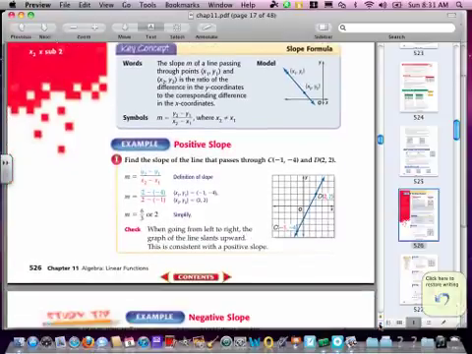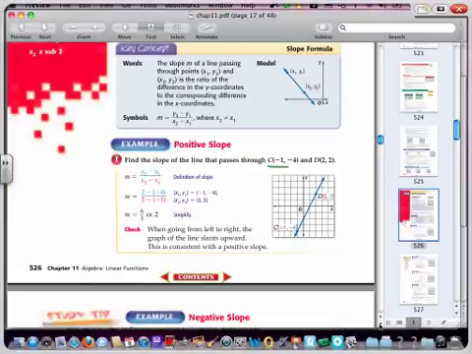So let's take a look. It says find the slope of the line that passes through the points -1, -4, and 2, 2. So remember, we're going to call this one x1, y1. We're going to call this x2, y2. And so now we need to do the change in y.